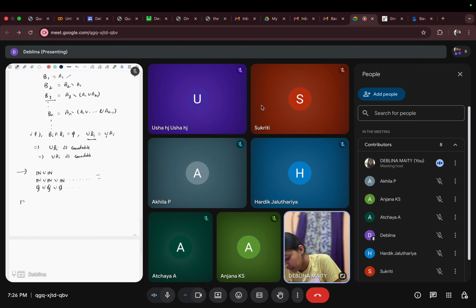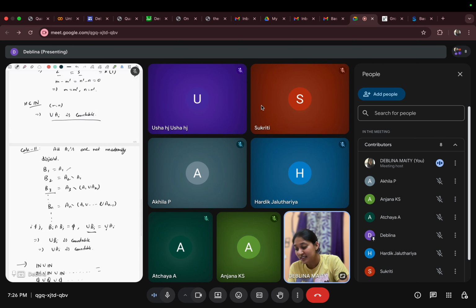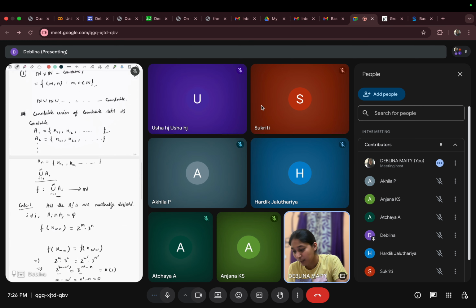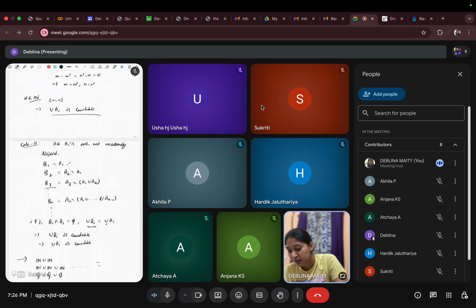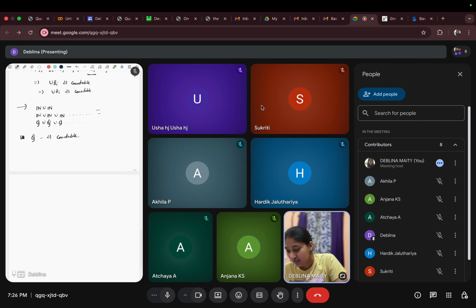So let's now prove that Q is countable. We'll use this property: a countable union of countable sets is countable. How? So Q is what? We can write Q to be the union of these sets AIs where each AI is like that.